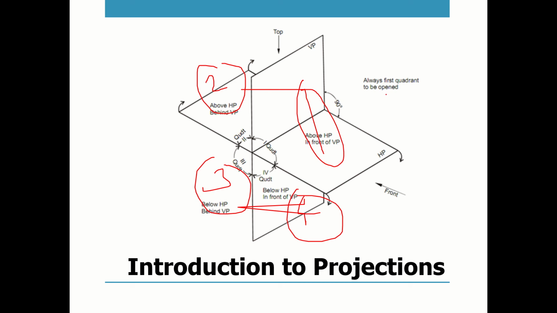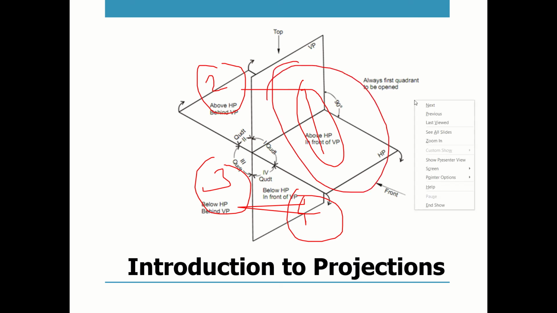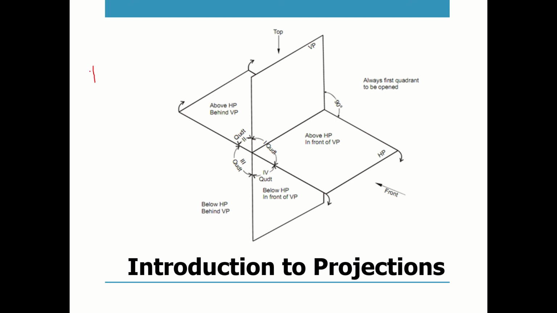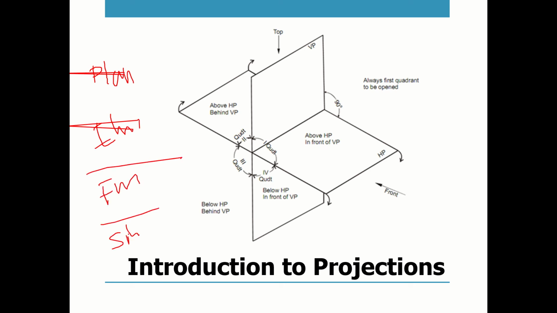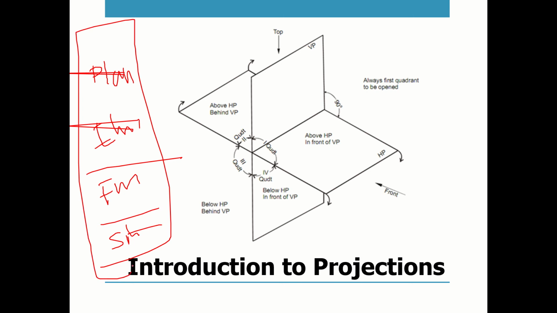In technical drawings, we keep all our drawings in the first quadrant only. Many of you must have heard about plan, elevation, front elevations, side plan; you will be hearing them time and again.